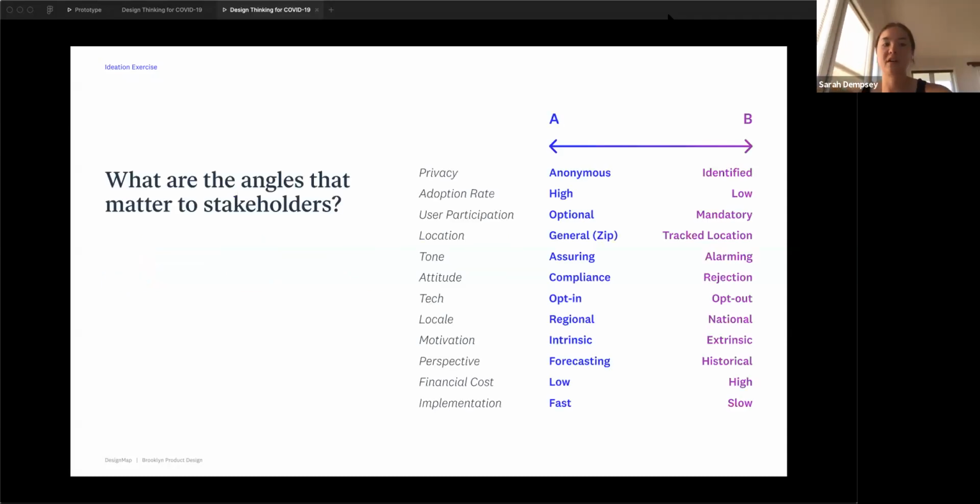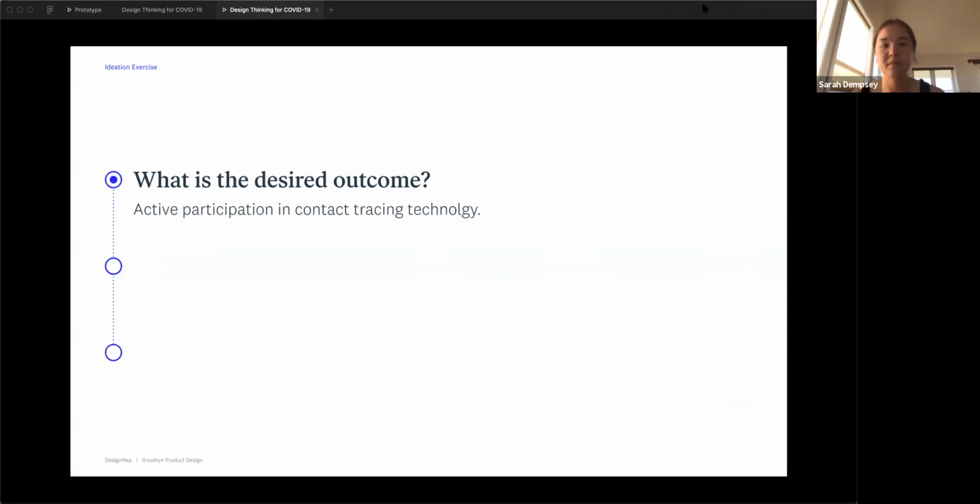One of the ways we started was thinking about the angles that matter to different stakeholders. It felt like there were just so many different ways of looking at this problem. So we wanted to just map out the angles that matter, and then what are the opposing views on both of those sides. From there, we started thinking about, well, what is actually the thing we're trying to achieve here?